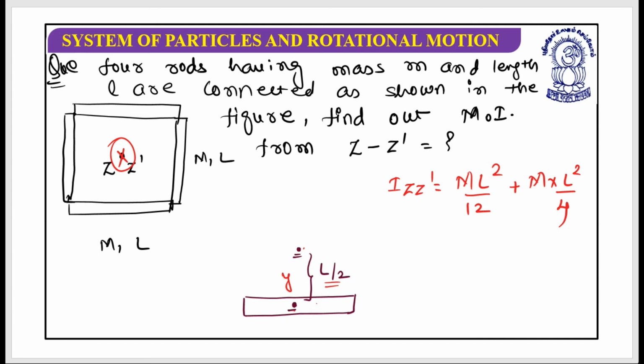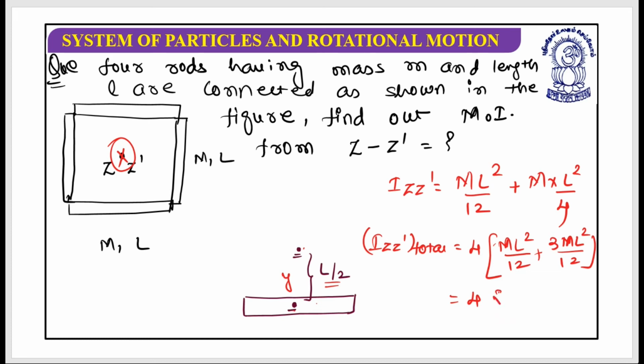But this is about only one of the rods. So IZZ dash total should be 4 times ml square by 12 plus 3 ml square by 12. So ml square plus 3 ml square is 4 ml square. It is 4 into bracket 4 ml square by 12. I hope this is clear. So this is 4 by 3, written as 4 by 3 ml square.